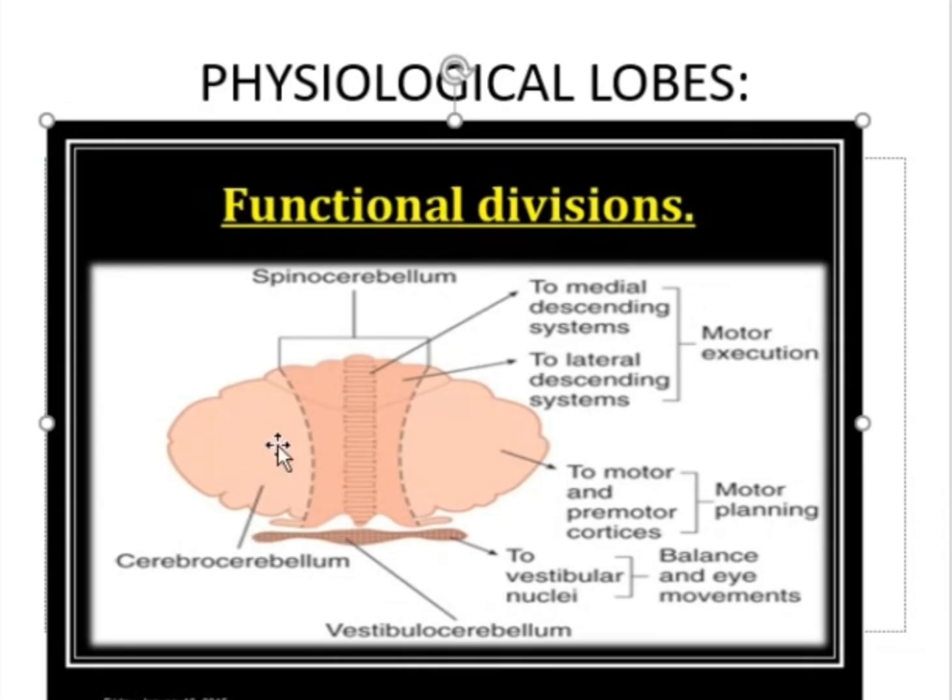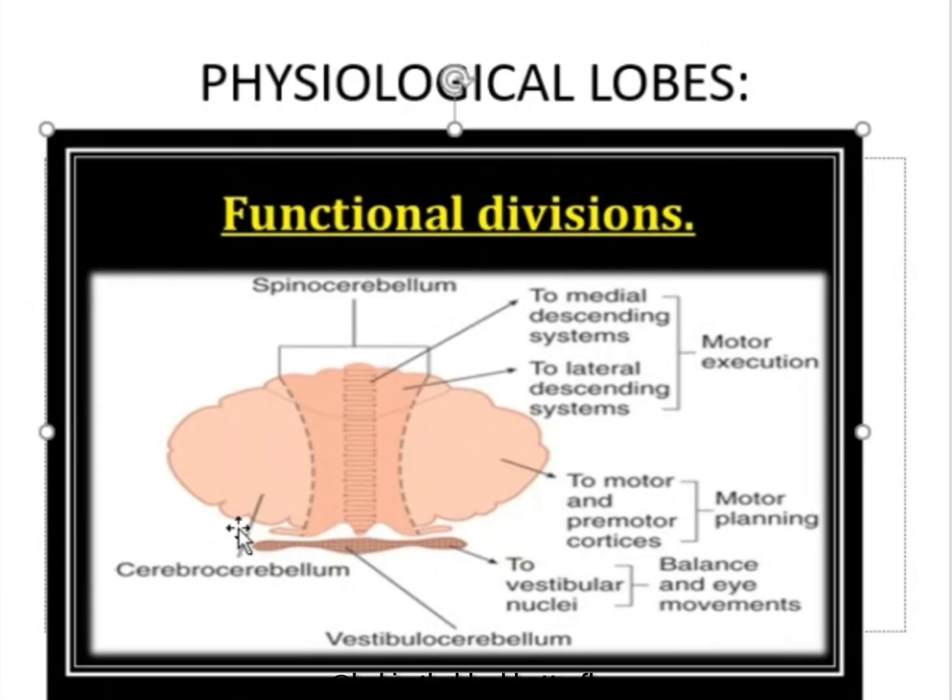So spinocerebellum connecting to the muscles of the body, cerebrocerebellum connecting to the motor areas of the cerebral cortex through the thalamus, and vestibulocerebellum responsible for coordinating balance and contained within the flocculonodular lobe. Those are the three functional lobes: spinocerebellum, cerebrocerebellum, and vestibulocerebellum.